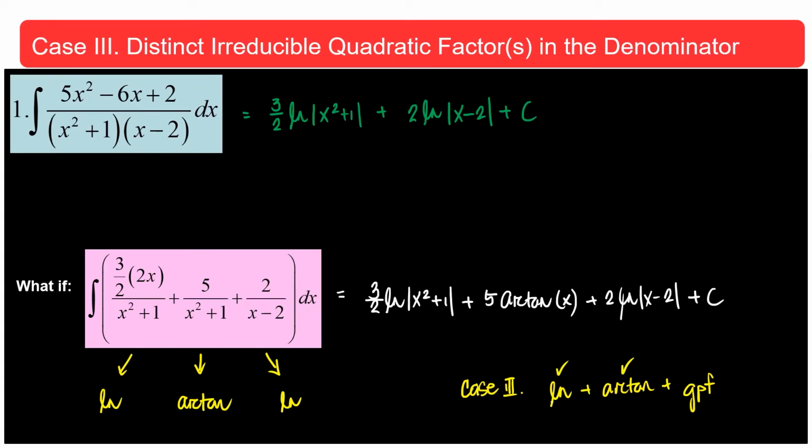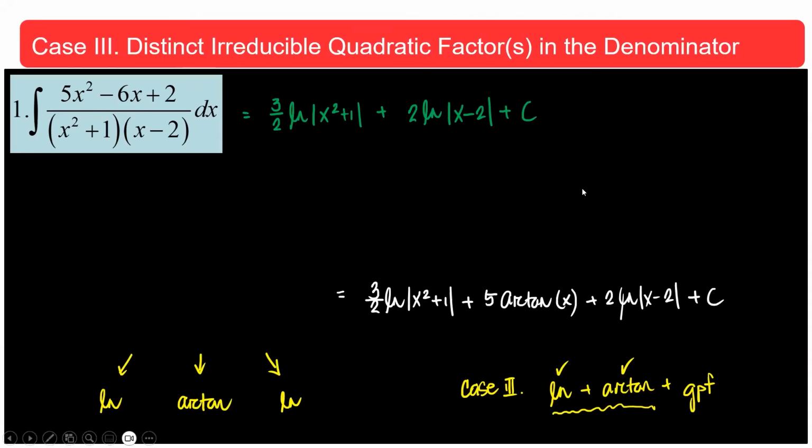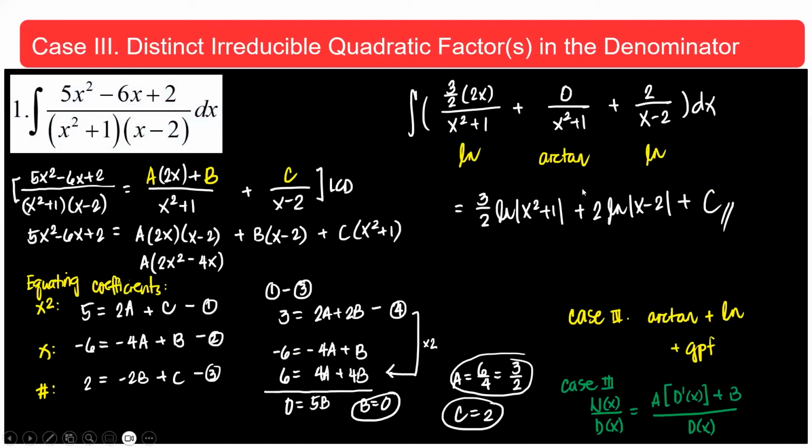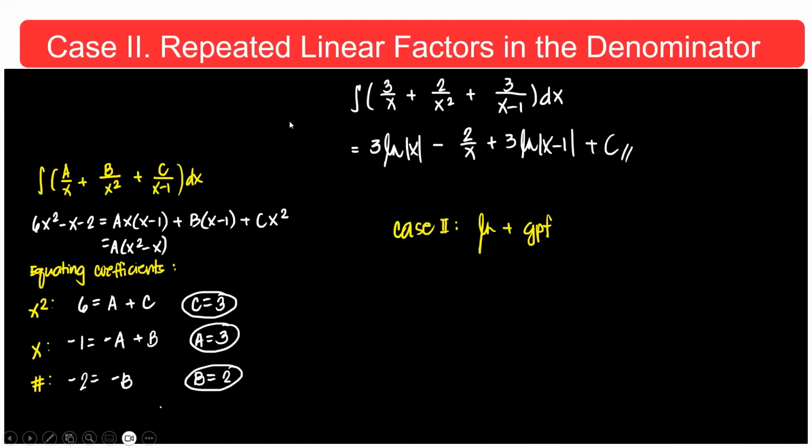Pero what I'm saying is that in case 3, all 3 of those can appear. But typically, laging ito, yung dalawa. This one will appear if there is a repeated, if there is the presence of case 2. Kasi sometimes cases 2 and 3 are combined. Again, look at this one. Case number 2, all the time ln and GPF.